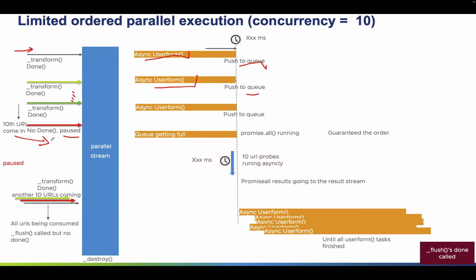Here the stream. I pause the stream, and there's no fire, which is done. You remember the transform done. When you fire the transform's done, this stream just goes around.